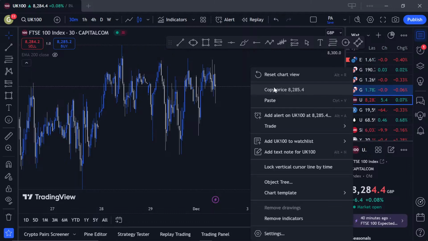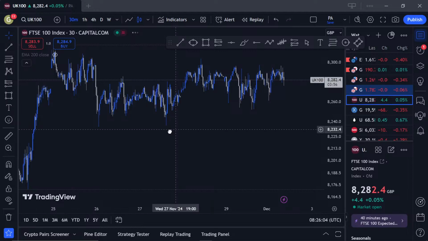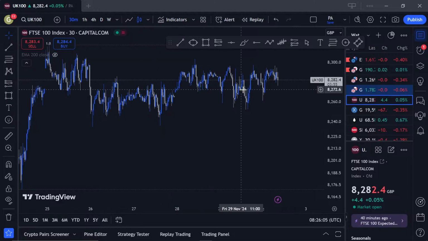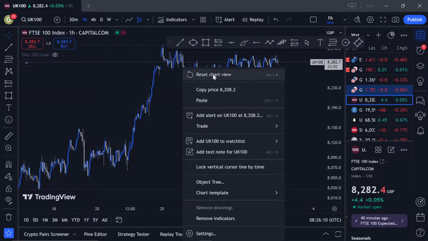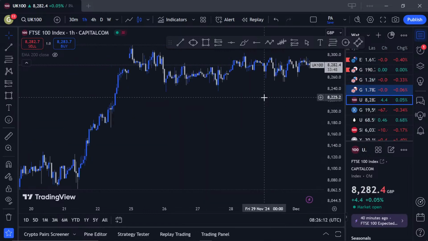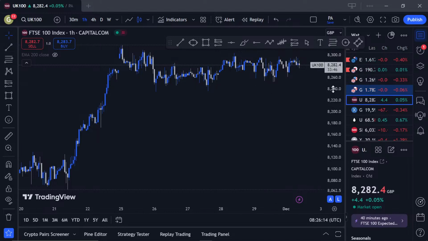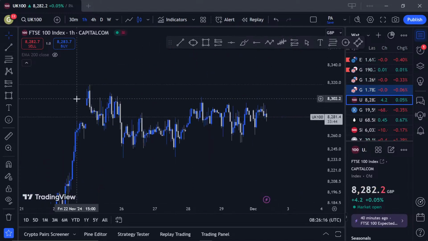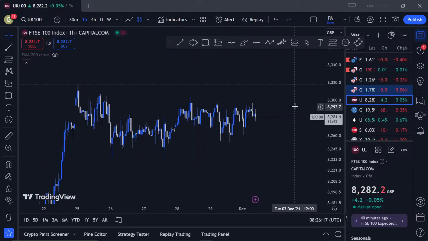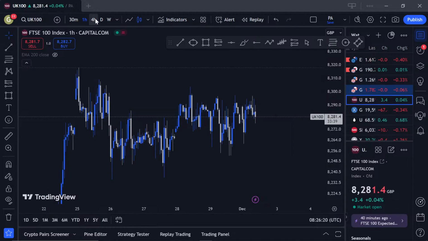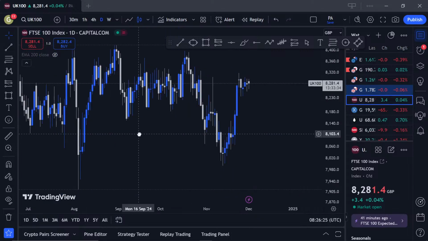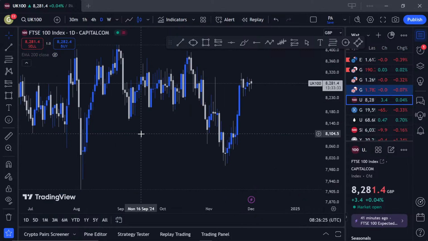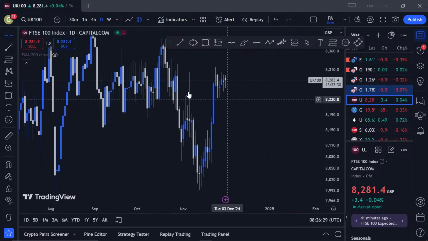Now this is one of my favorites recently, known as the UK 100. Looking at UK 100 right now, is there any setup I can look into? If there's no level, I'm just going to move away from it as well.